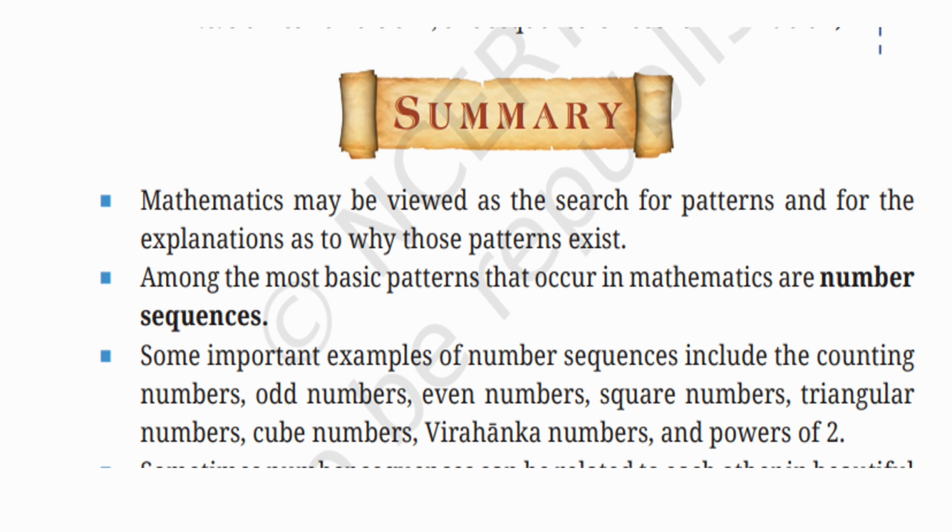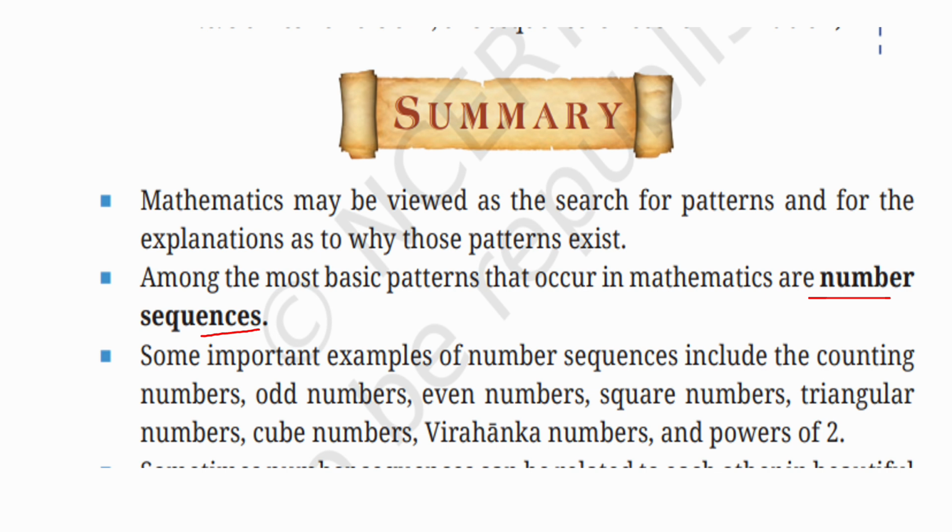So, summary of this chapter. Mathematics may be viewed as a search for patterns and for the explanations as to why those patterns exist. Among the most basic patterns that occur in mathematics are number sequences.